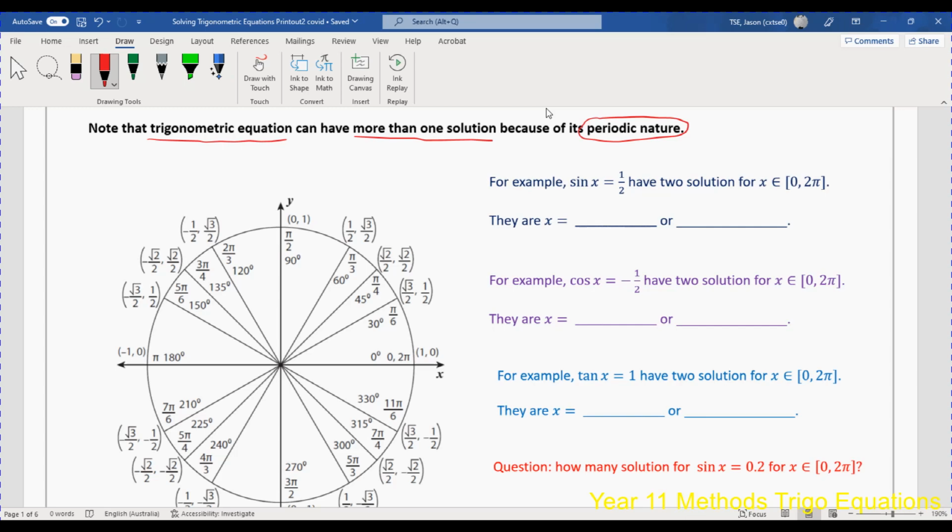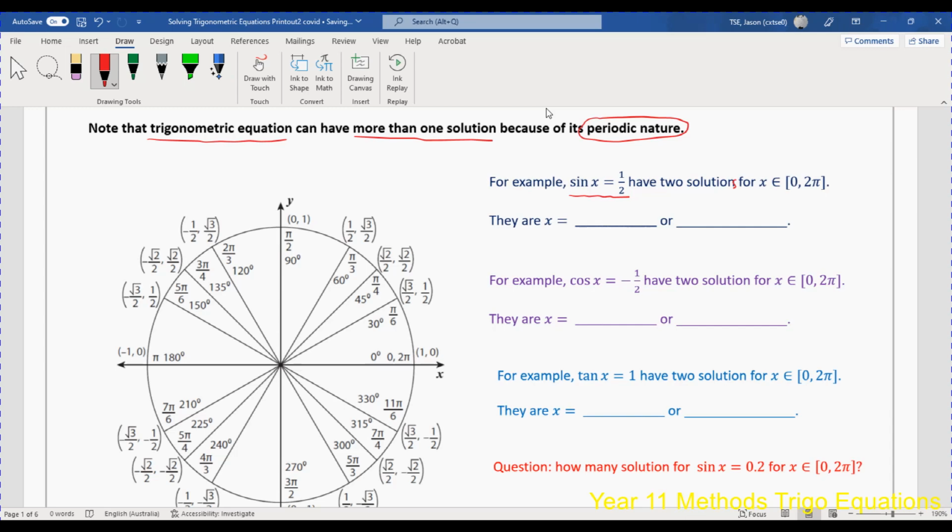So, for example, if you are going to find x such that sine x equals a half, then you can find two solutions for x belonging to 0 to 2 pi.